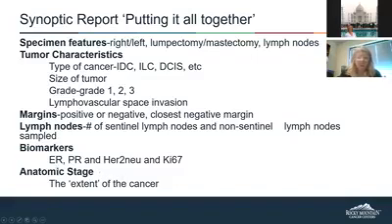And very importantly, the last bit of information on the synoptic report that we haven't had yet on the biopsy or surgical report is the anatomic stage. The stage of the cancer, which means basically the extent of the cancer.